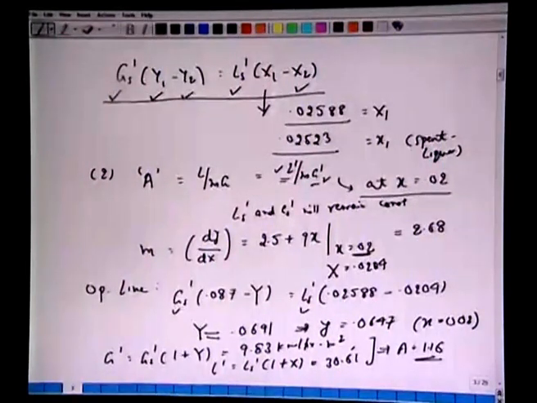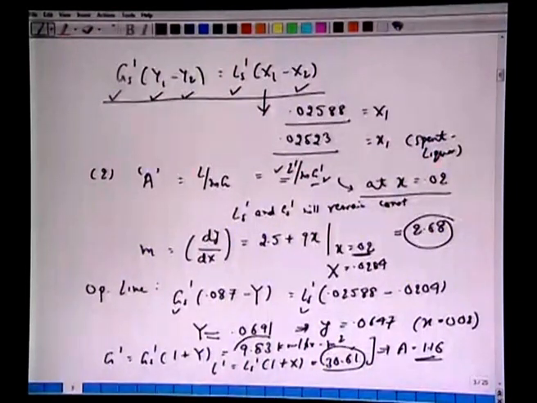So, we have the absorption factor, knowing the slope of the curve 2.68, knowing L prime which we have calculated as 30.61, and G prime 9.83 at this location where the mole fraction is 0.02, to obtain this absorption factor 1.16.